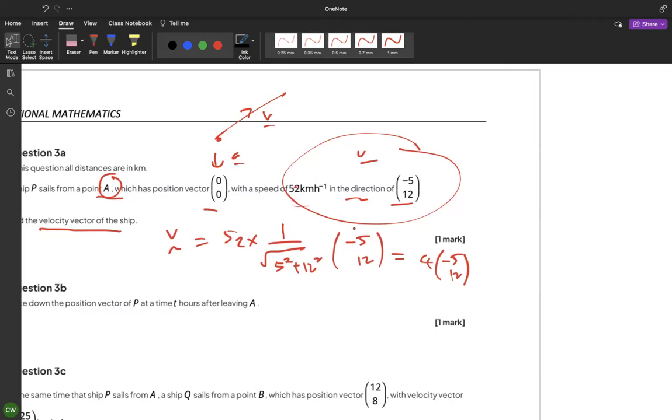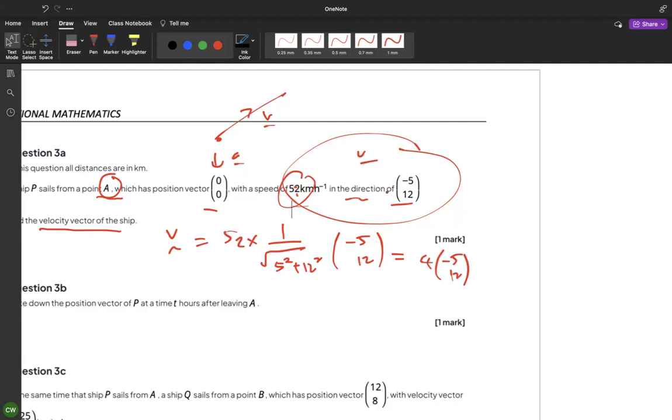Direction is the unit vector. Speed is a scalar quantity, no direction. So if you want to change it to a vector quantity, you need to take the magnitude multiplied by the unit vector. Just multiply by the unit vector, no need to think so much, just follow it. 52 times the unit vector will give you velocity.